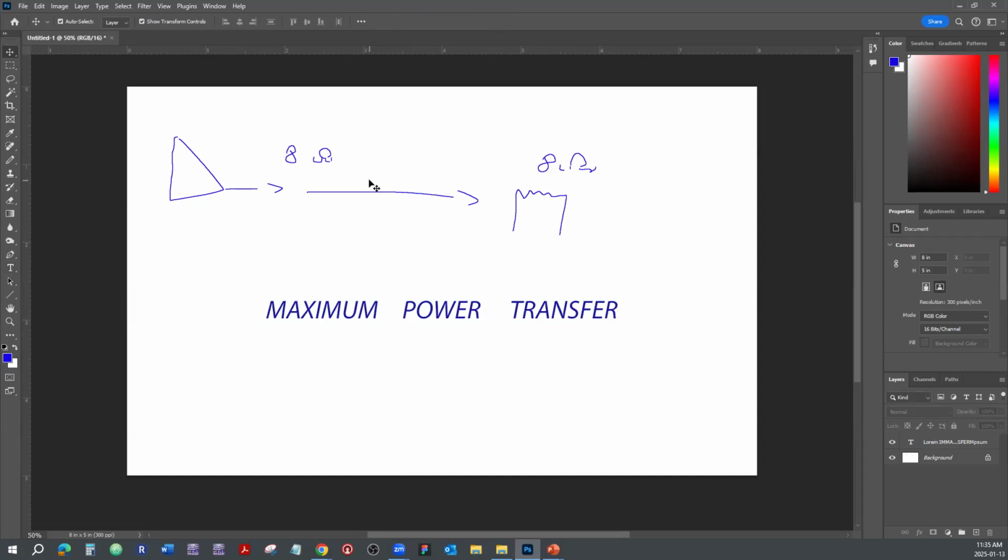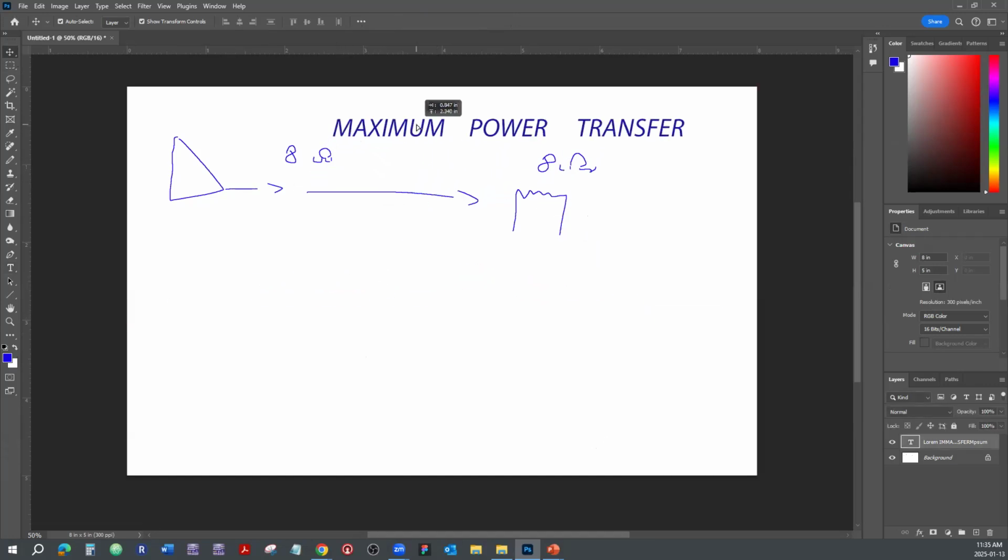If the impedances are mismatched, then you're not going to achieve a maximum power transfer. And depending on which is different in which kind of way, some of the power might get into the cable and it's going to dissipate as heat.